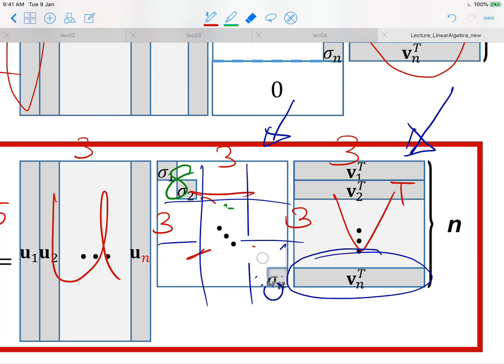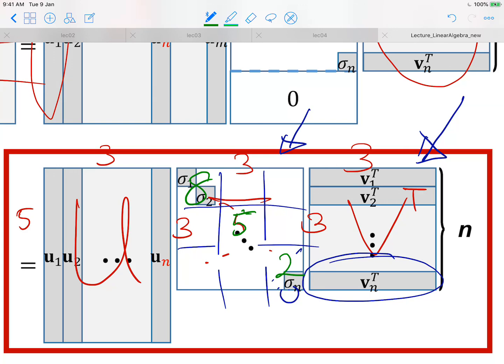So let's get back to this simple 3x3 case where our singular values are 5, 8, 5, and 2. So in this case, what is the rank 2 low rank approximation? That matrix is simply obtained by just setting the third one as 0.